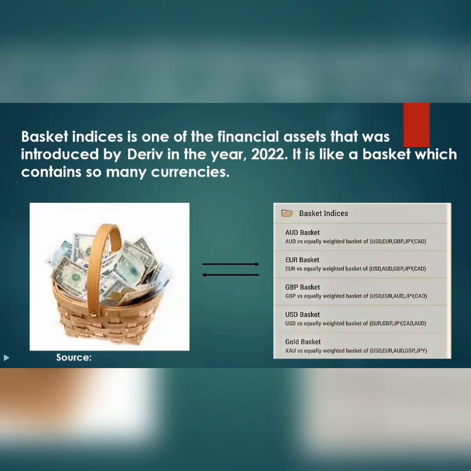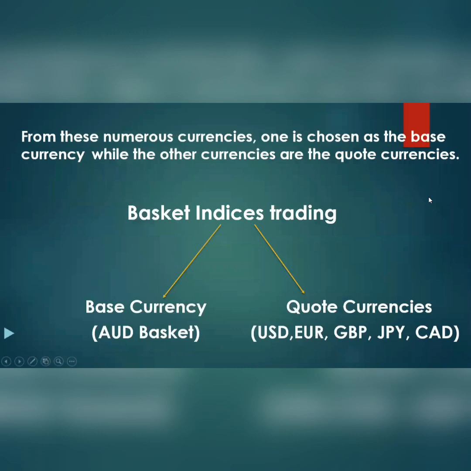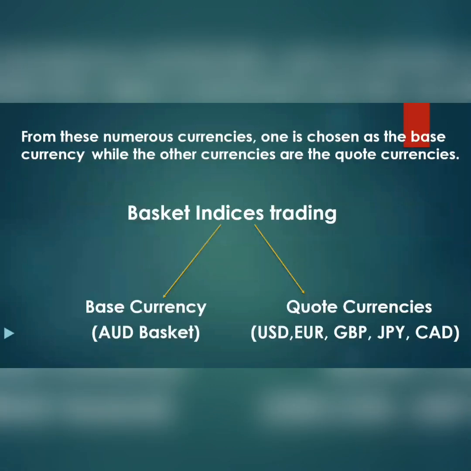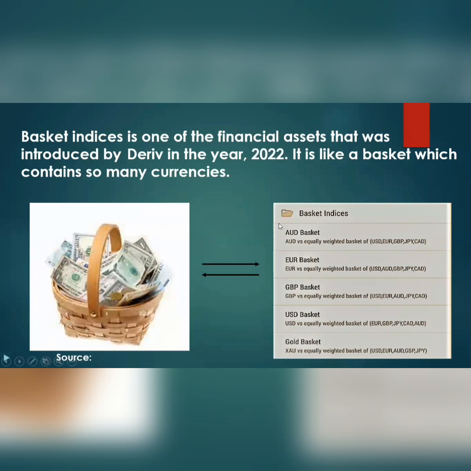So what's the beautiful thing about this? Like we've just seen from the previous video, if you have a good knowledge of currency pairs, you know that currency pairs primarily comprise a base currency and a quote currency. In the same way, in a basket index, like we looked at with the AUD here, the AUD could serve as the base currency, while these other ones could serve as the quote currency.